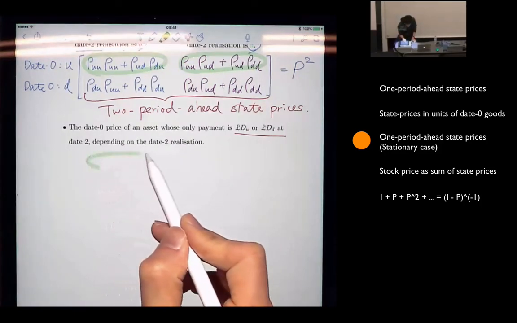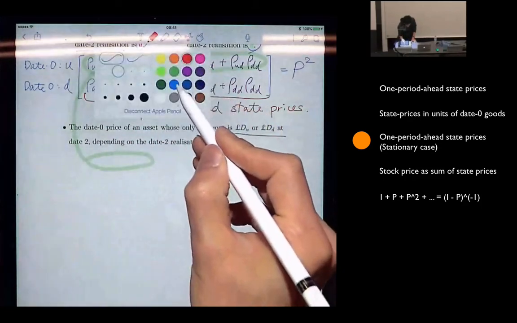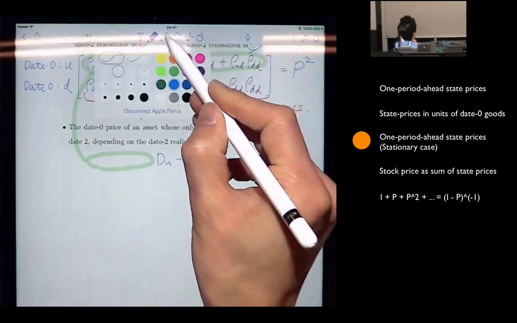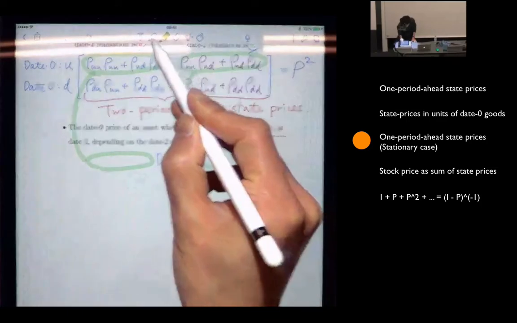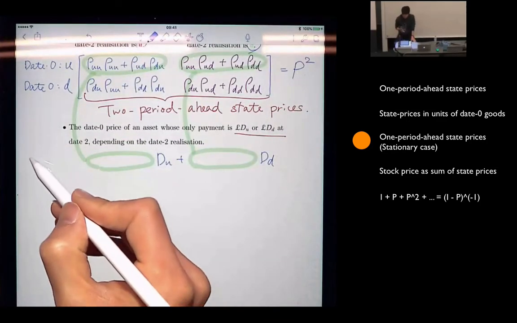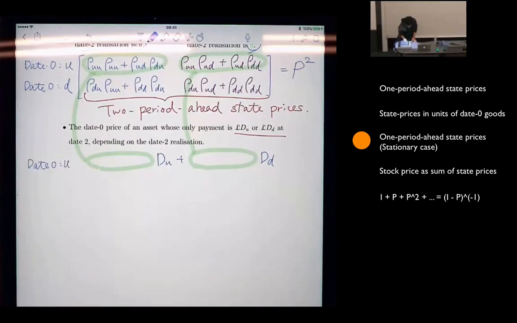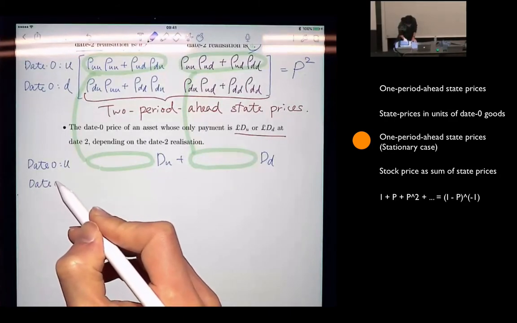So the price of such an asset should be this times DU plus this times DD when the initial state is U.